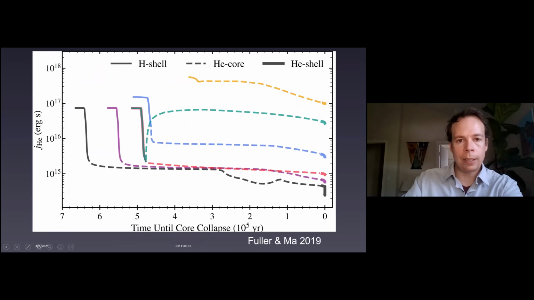So most of these models end with very low angular momentum. These green and yellow ones have a lot higher angular momentum, so I'll come back to those in a second. These are models that probably give us rapidly rotating black holes. But in most cases, we think you probably get pretty slowly rotating black holes due to this process.